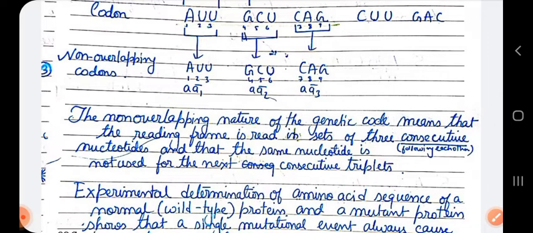The genetic code rules say that due to the non-overlapping nature of the genetic code, the open reading frame is read in sets of 3 consecutive nucleotides. That makes one codon, and that nucleotide will not be used for the next consecutive triplets. Just as I have said.